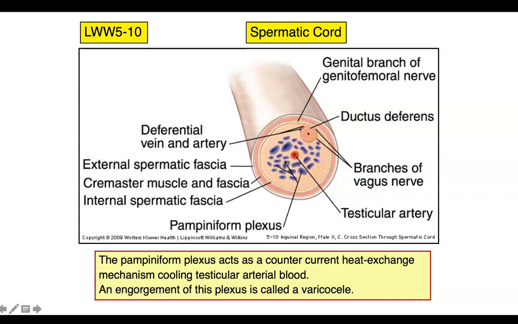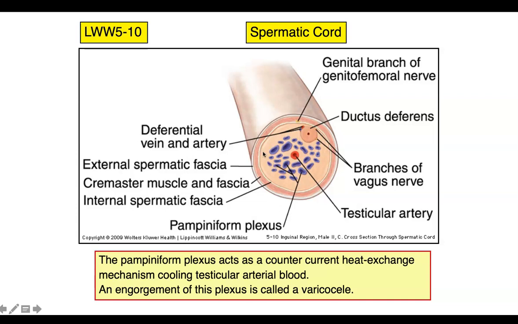The pampiniform plexus of veins is passing through the spermatic cord, but when the spermatic cord ends at the superficial inguinal ring, the pampiniform plexus enters through the deep inguinal ring and forms a single vein, which we call the testicular vein.